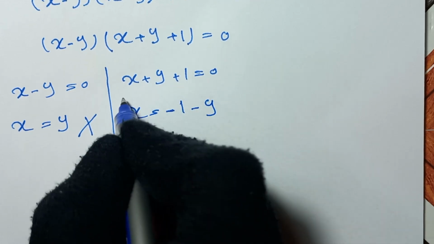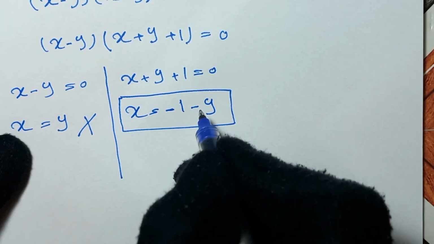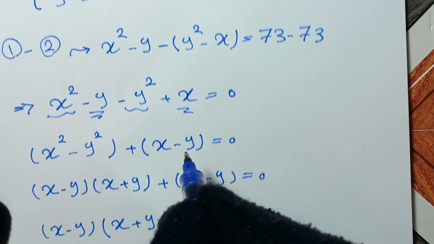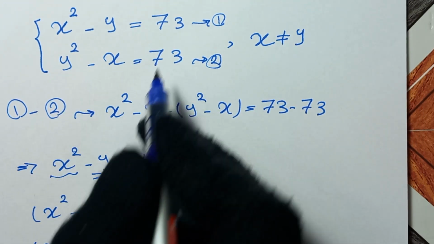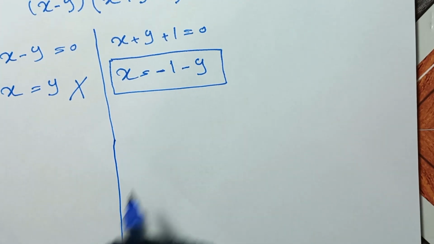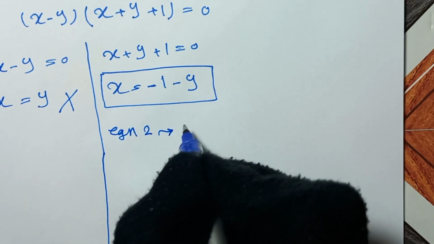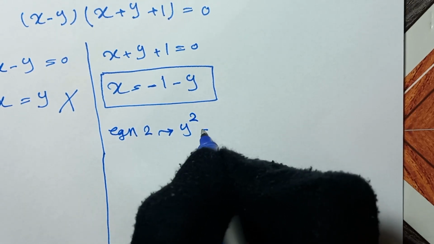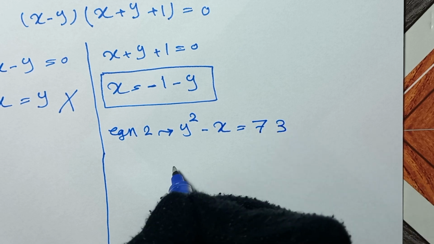In the next step, from equation number 2, we have y squared minus x equals 73.